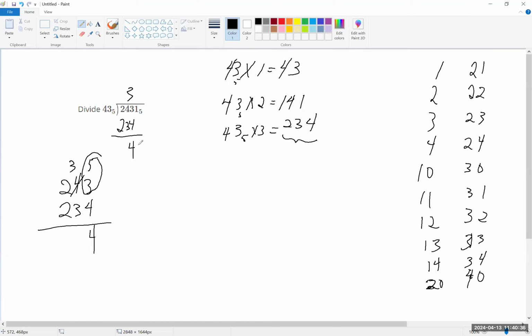Then you bring down the 1, and you look to see if 43 goes into 41, and it doesn't. So the answer is 30, remainder 41.